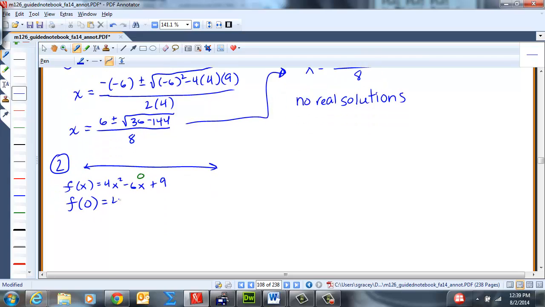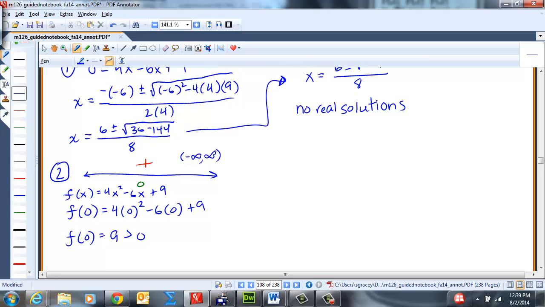So f at 0 is 4 times 0 squared minus 6 times 0 plus 9. F at 0 is 9, which is greater than 0. So the whole interval goes from minus infinity to infinity, and it has positive y values.